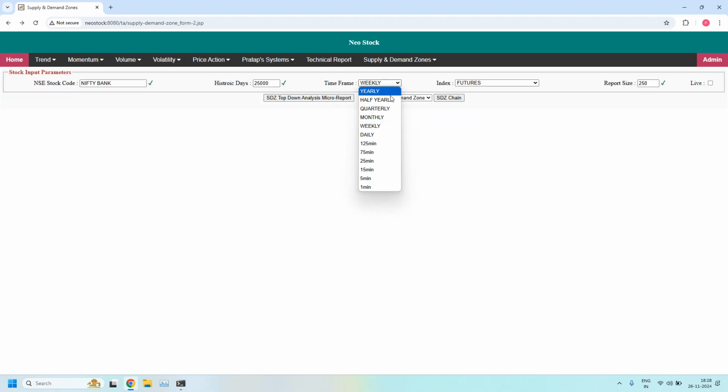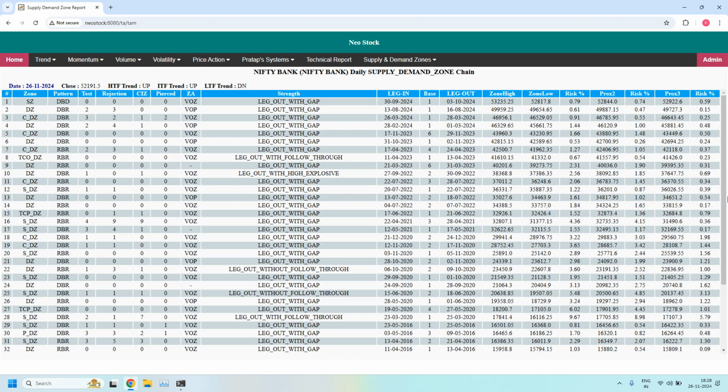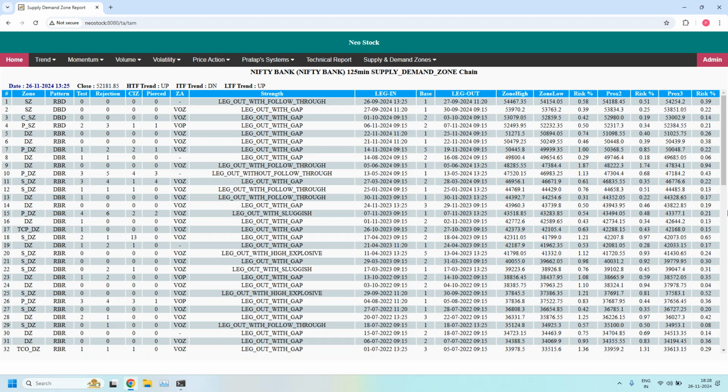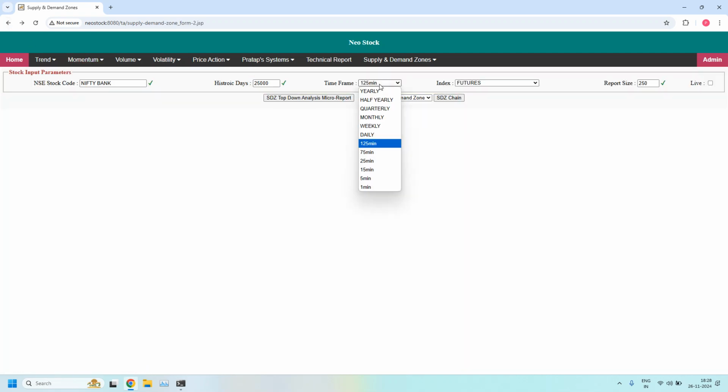Next, daily supply demand zone chain for BANKNIFTY. Next, 125-minute supply demand zone chain for BANKNIFTY. Next, 75-minute supply demand zone chain for BANKNIFTY.